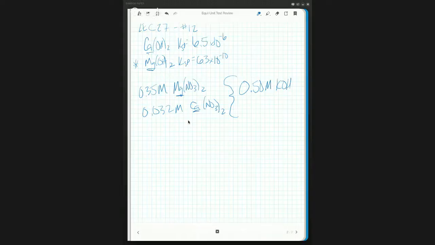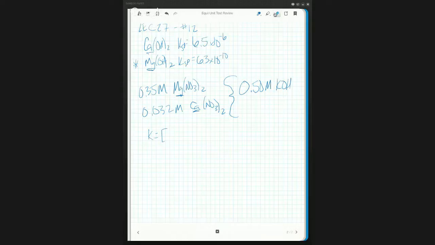Because you're basically doing two problems is the only other piece here. So for the calcium hydroxide, I'm not going to write the whole thing since I did so much in the last question. I think you guys are getting the general idea. Your K is equal to the constant.